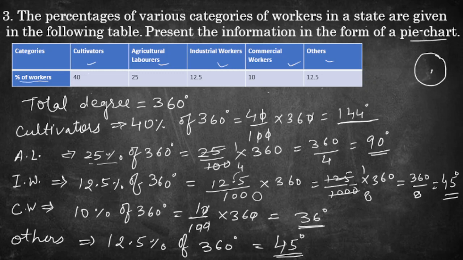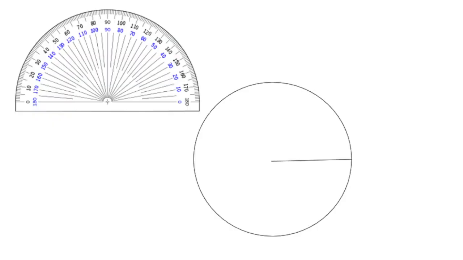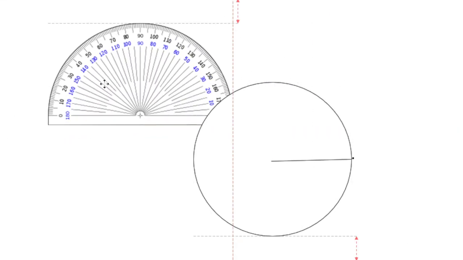Okay, so for pie chart, first of all we need to draw a circle, okay, with any radius. Now here you can see I have drawn a circle with some radius. Okay, now what we will do, we need protector here. Okay, so now this protector we will keep here.